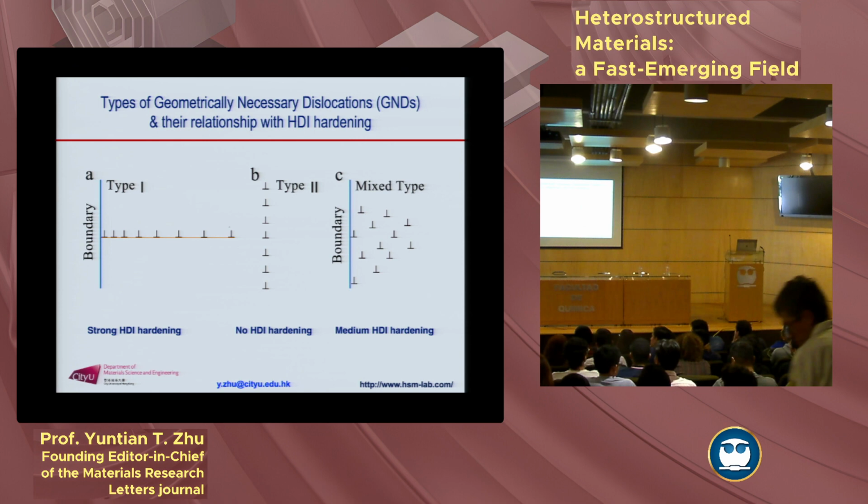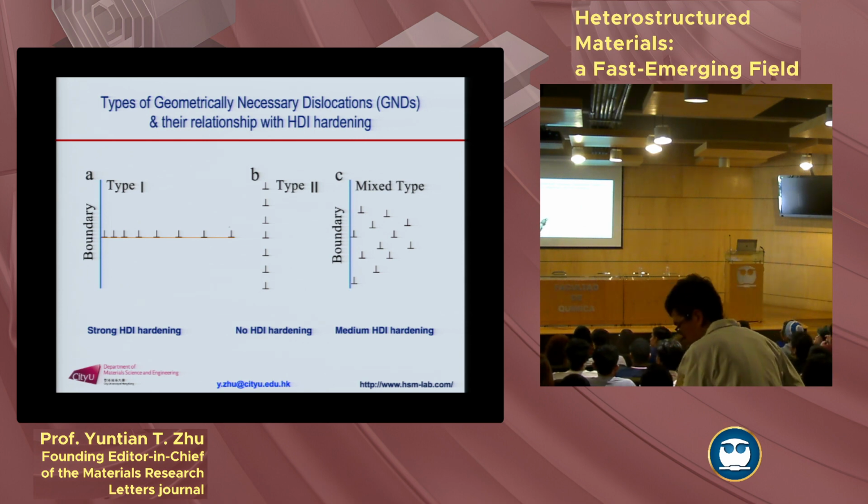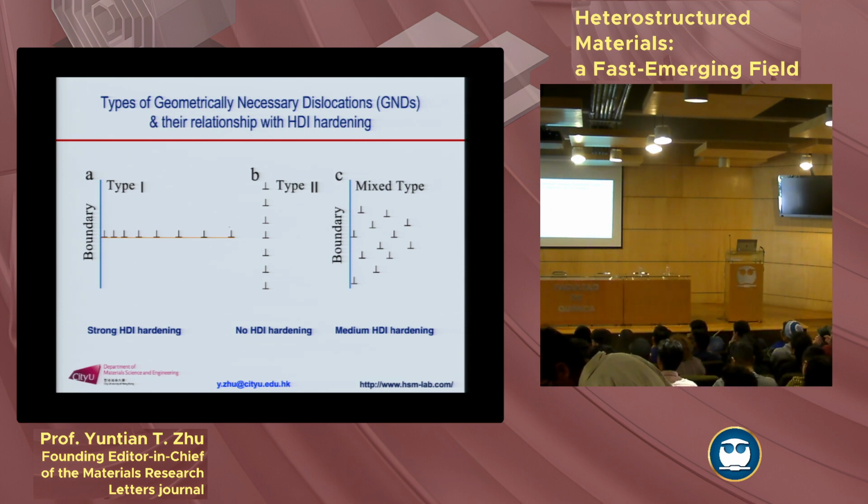However, if all the GNDs pile up like this, from our textbook, you know that's a small angle grain boundary. For a small angle grain boundary, when you get away from it, this stress field will cancel each other. So this does not produce strain hardening.